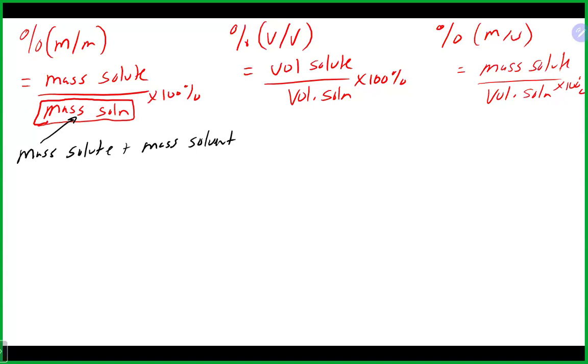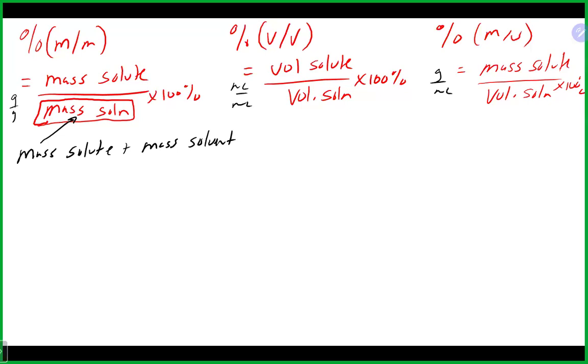Obviously, as we also talked about, you could definitely plug and chug into any of these formulas. But you could also, if you are given the percent composition, whichever one, and typically speaking, in terms of units here, this is like grams over grams. A lot of times this is like milliliters over milliliters, and this is like grams per milliliters. Typically the units do cancel out and become a percentage at the end when you do the calculation.